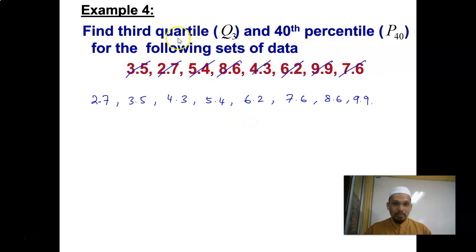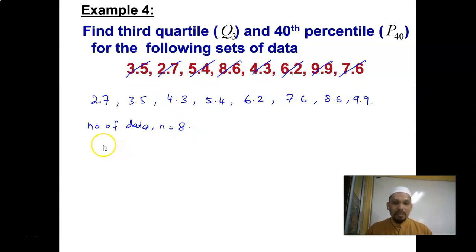Okay, so for the third quartile, the number of data here, n equals 1, 2, 3, 4, 5, 6, 7, 8.